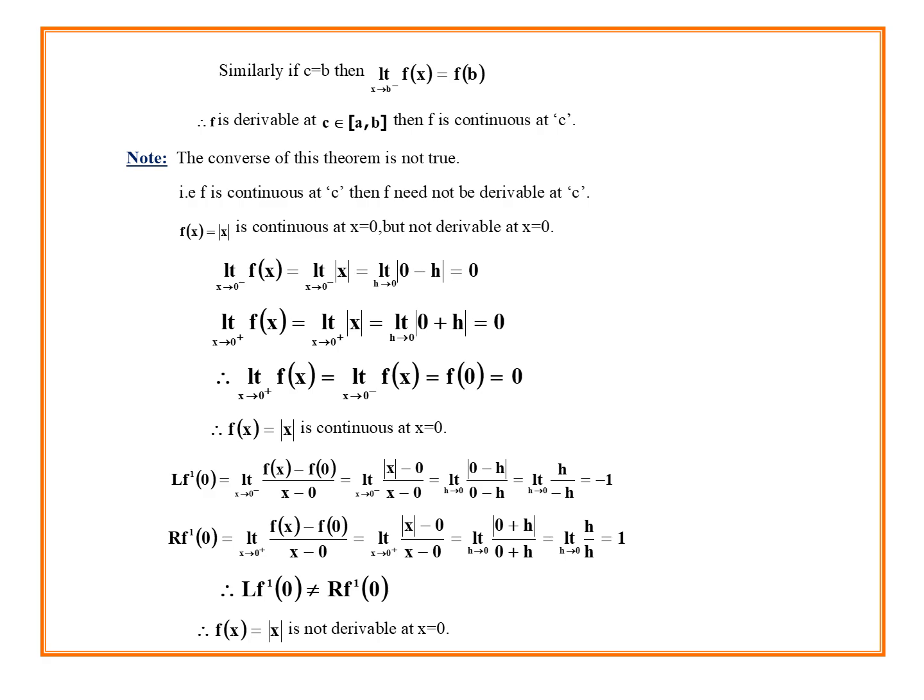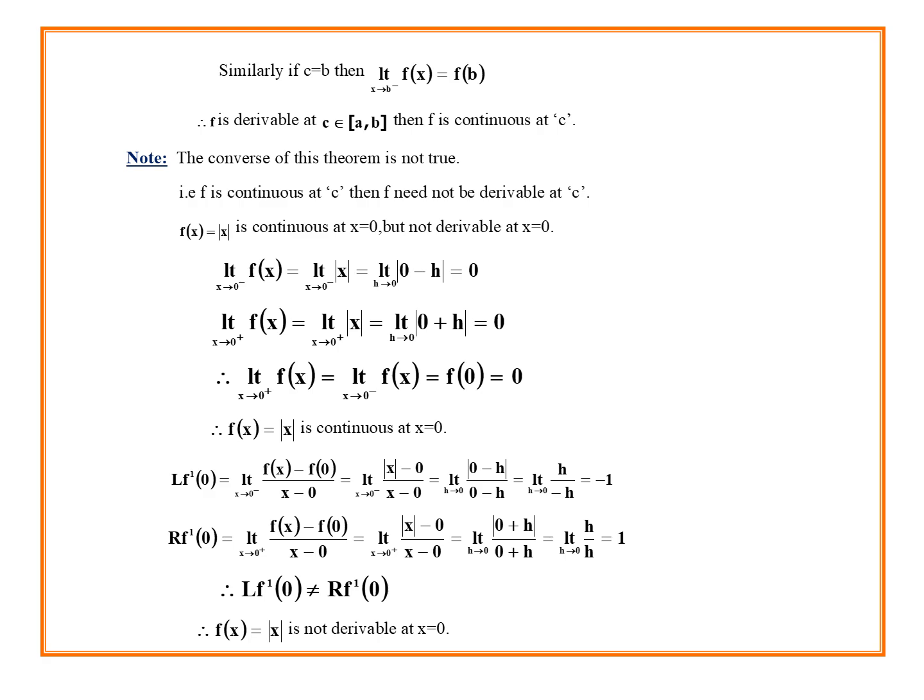Limit x tends to 0 minus f of x, we are finding the left hand limit. Limit x tends to 0 minus f of x is mod x, that is equal to limit h tends to 0 of mod of 0 minus h, which is equal to 0. Limit x tends to 0 plus f of x is equal to limit x tends to 0 plus, the given function is mod x, that is equal to limit h tends to 0 of mod of 0 plus h.